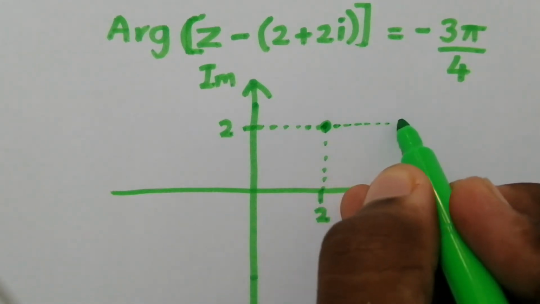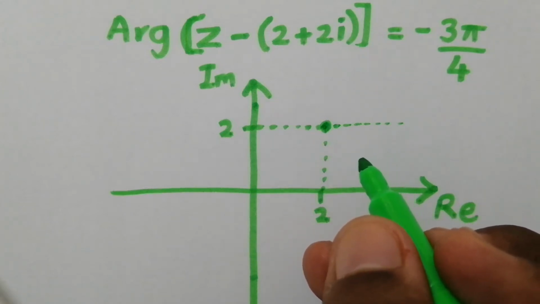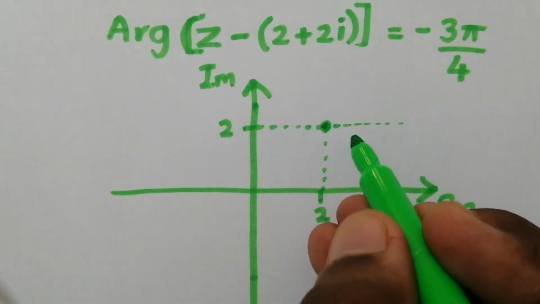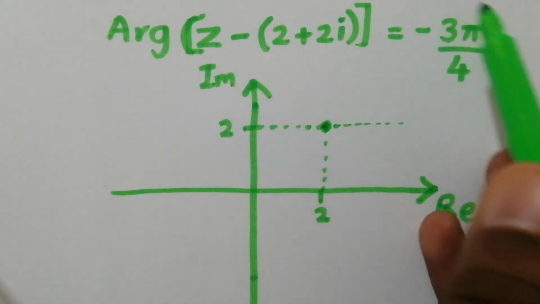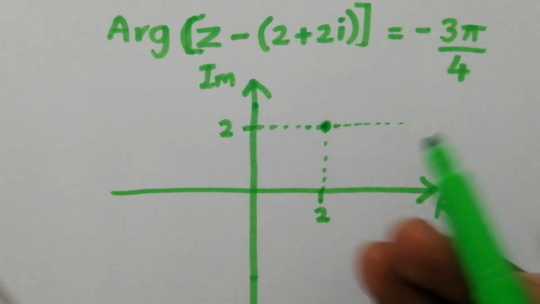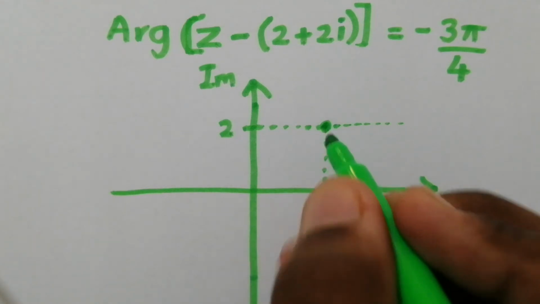From this terminal line, I should make an angle of minus 3 pi upon 4. Since it is a negative angle, we should move in the clockwise direction. This value is equal to 135 degrees. If you consider in degrees, you know this is 90 degrees, then you should make another 45 degrees.